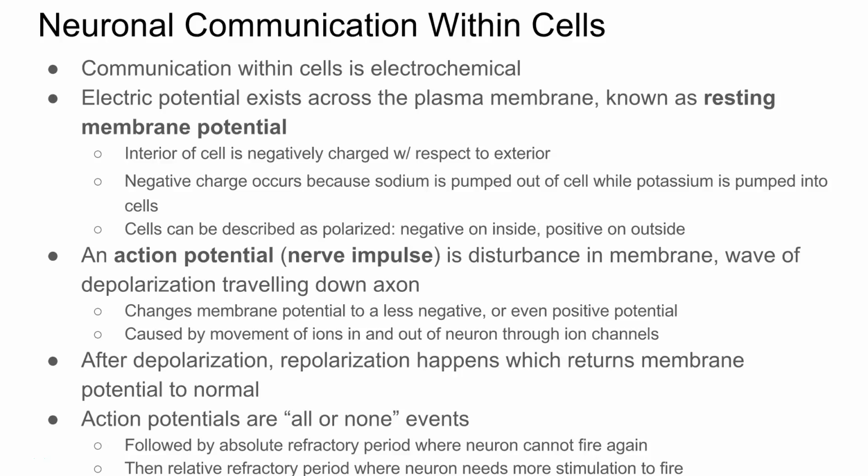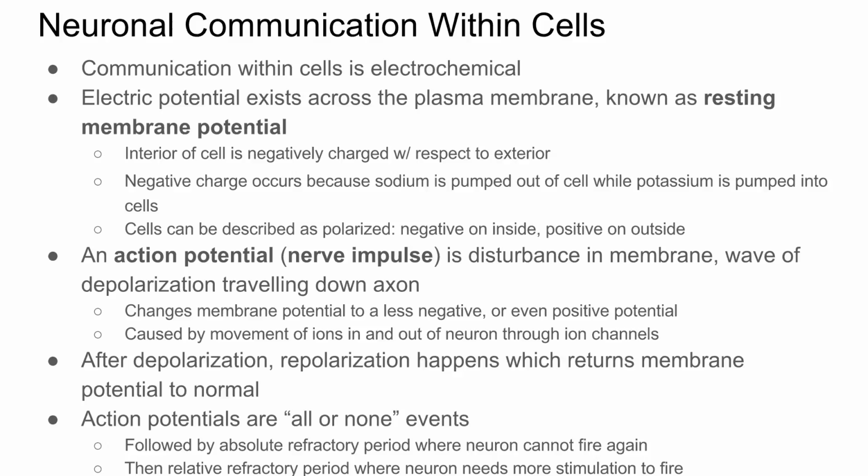So it's shooting ions out, essentially, to change the balance of negative versus positive energy that exists. So this action potential happens: the membrane goes to a positive potential by shooting ions out of the neuron through these ion channels.